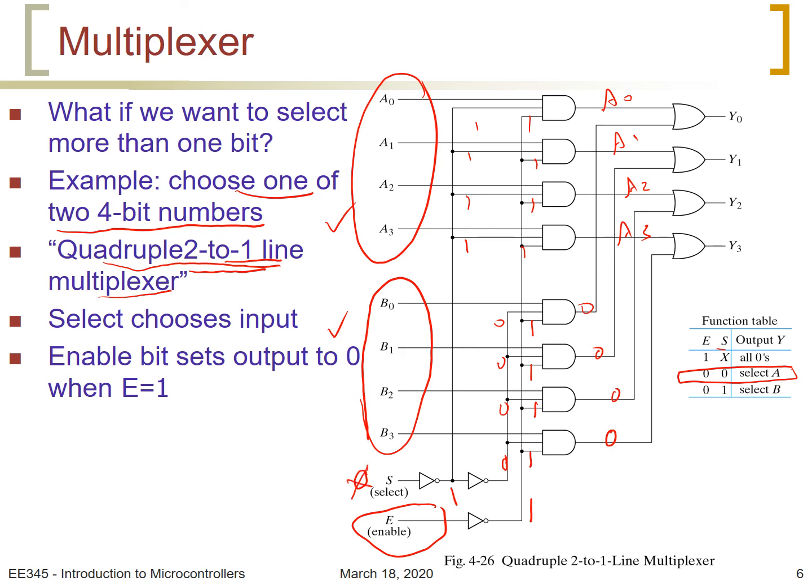On the other hand, when selection is 1, if this is 1, this will be 0, and these will be zeros here, and these will be zeros, and the 1 will be here.